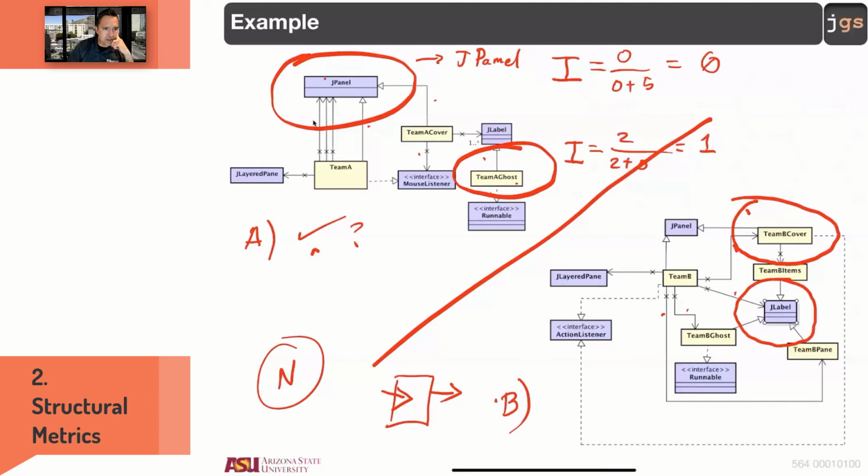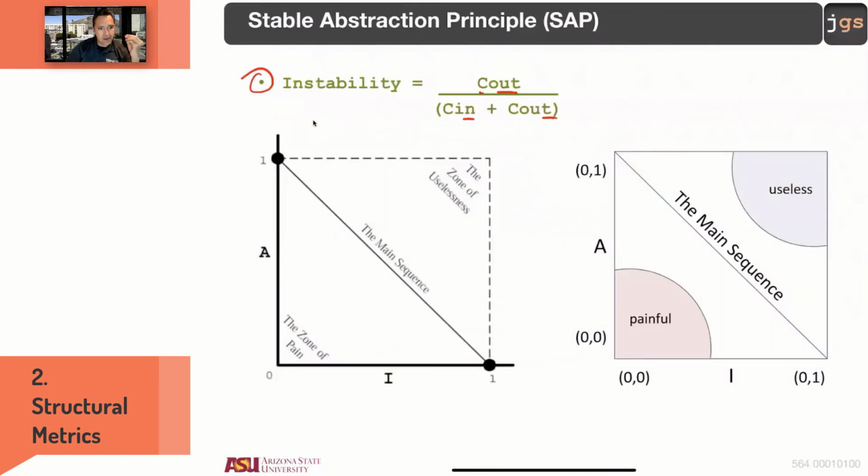That is important. Why? When you have a class and that class has this instability value, 0 or 1 or something in between, for a normal class, I am talking right now about classes, not interfaces, not abstract classes yet. I am going to include them later.